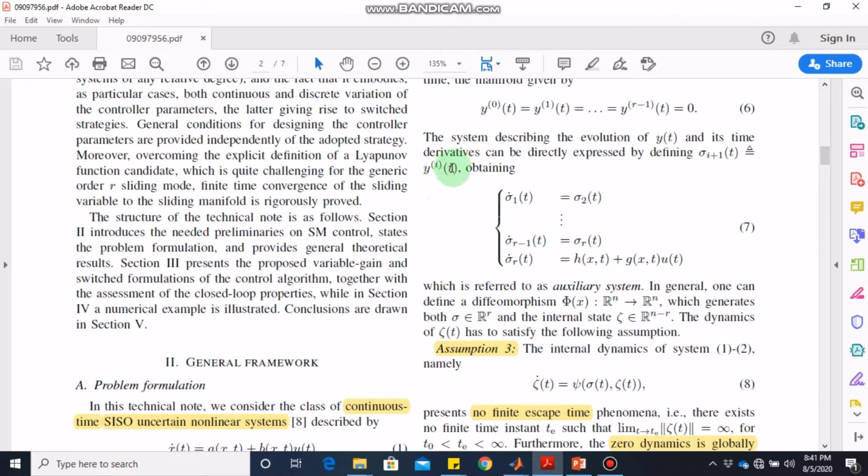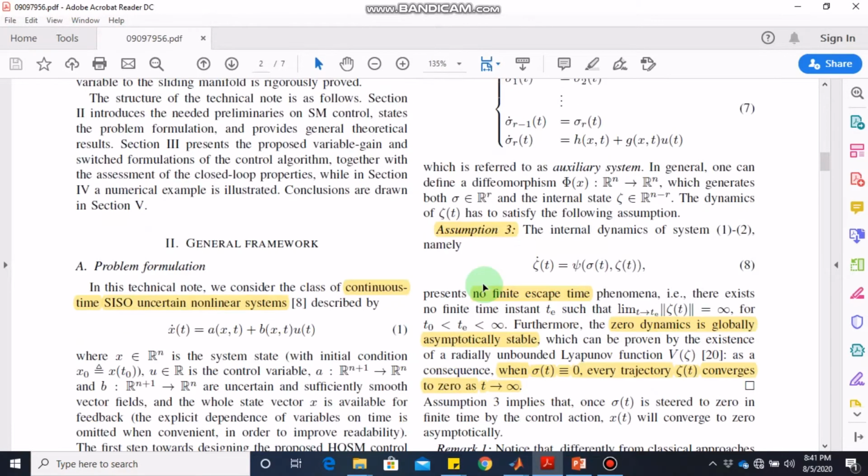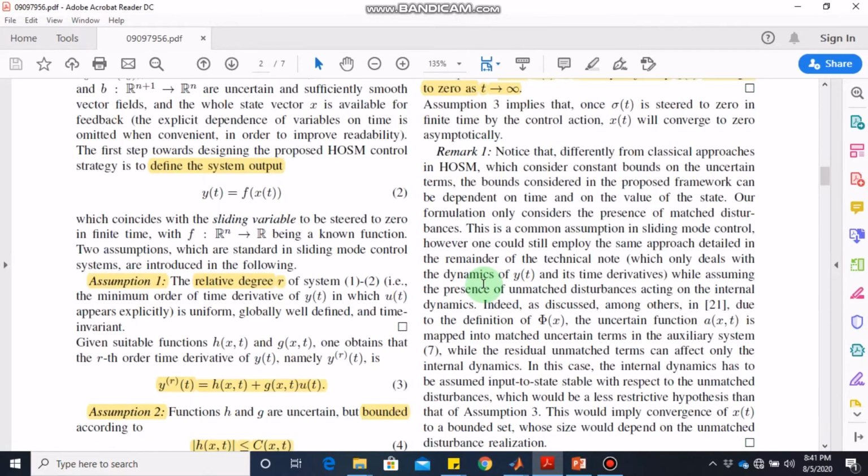So the first sliding surface will be the output itself, the second sliding surface will be the first derivative of the output, and so on. So the derivative of the rth sliding surface will be h of x plus g of x comma t times u, which is the rth derivative of this.